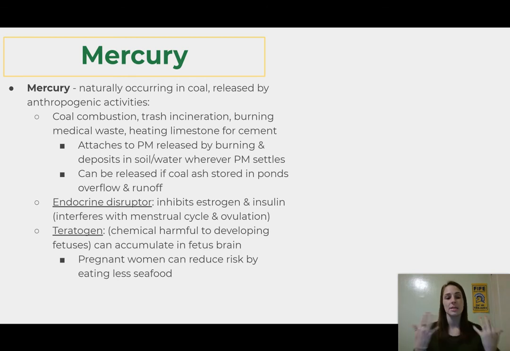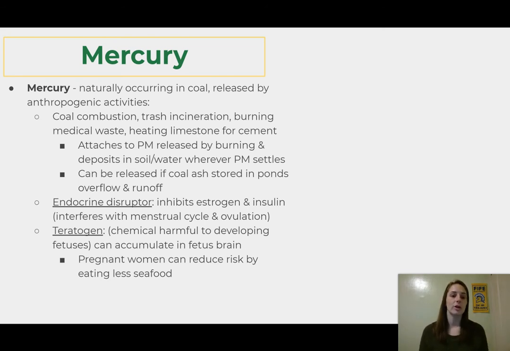Now, the mercury is going to attach to the particulate matter as it's being burned, and then this particulate matter can get deposited in soil and water, and the mercury is going to be carried with it. It also can be released if the coal ash, so the extra ash from burning that coal, is stored in ponds or containment areas, that can be flushed out if you get overflow or flooding or runoff, and so mercury can be introduced that way.